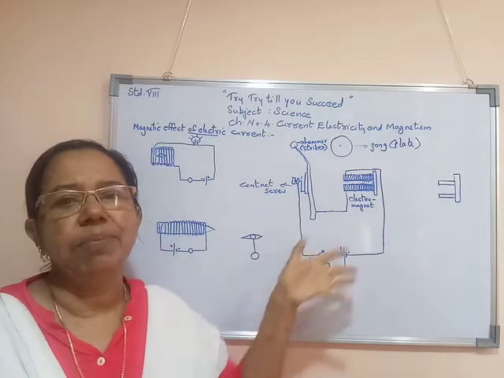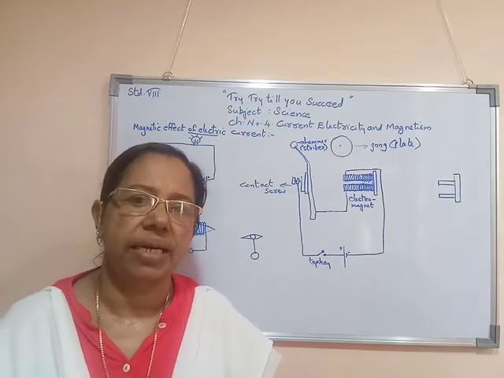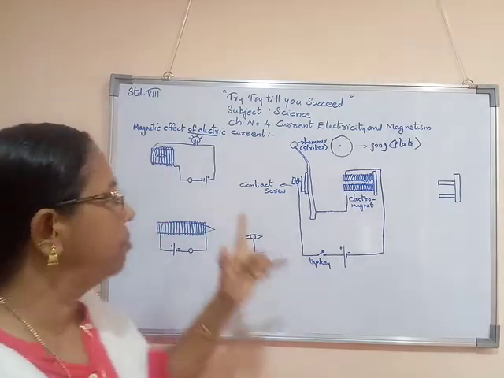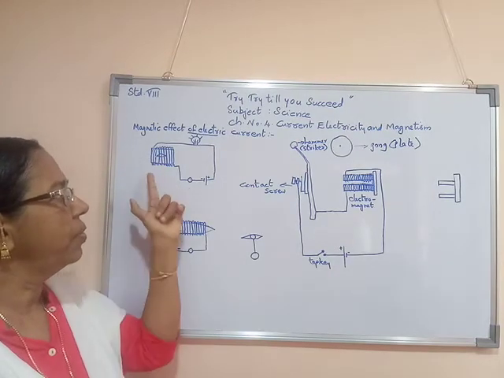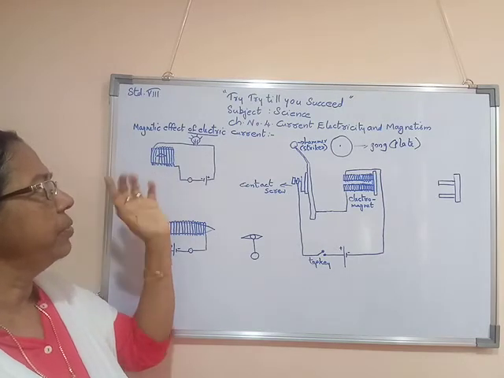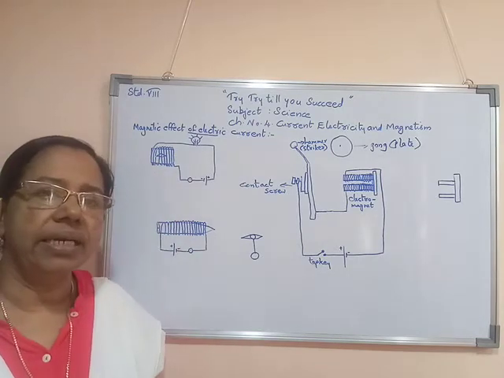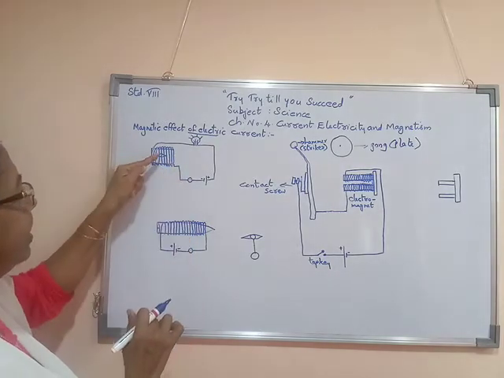These three are examples of the magnetic effect of electric current. The first example we studied was electromagnetism. Here we used a magnetic needle, and this magnetic needle is deflecting.